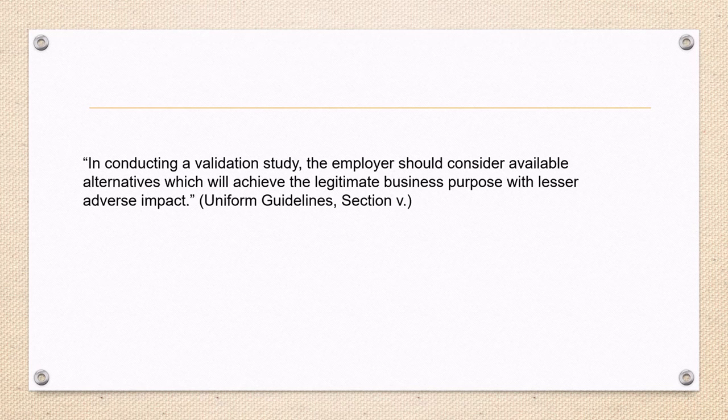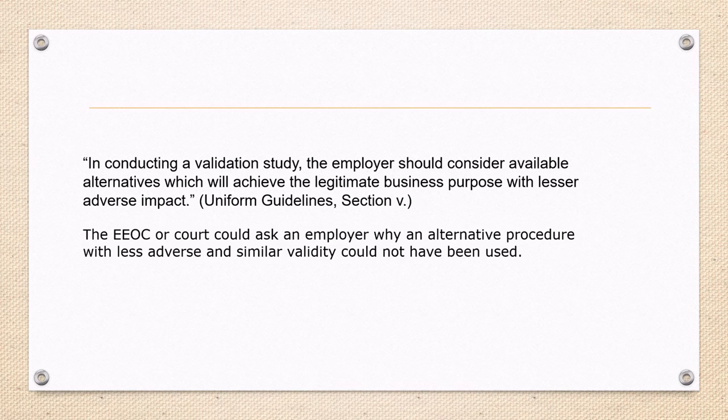So in conducting a validation study, the employer should consider available alternatives, which will achieve the legitimate business purpose with lesser adverse impact. If there's a predictor, test, or assessment that we want to use that has known differences for subgroups of people, but yet is job related and gives us important information about potential performance on the job, we will want to look at our system and see what we can do about minimizing the adverse impact that it may create.